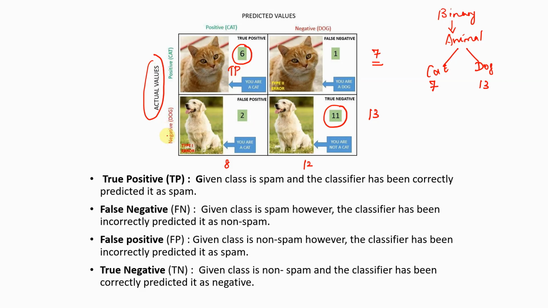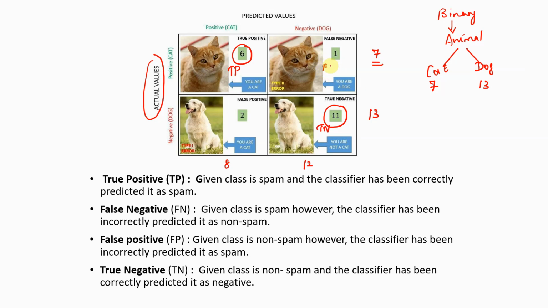Here the other class we are considering as negative. So the actual class is dog and the predicted class is also dog. This is called a true negative. Now this one is actually a cat, but it is falsely predicted as dog instead of cat.